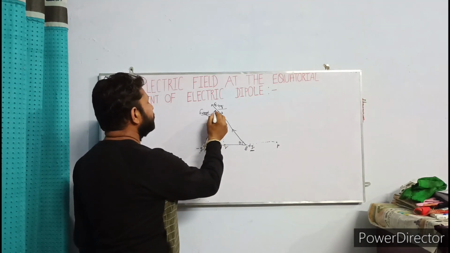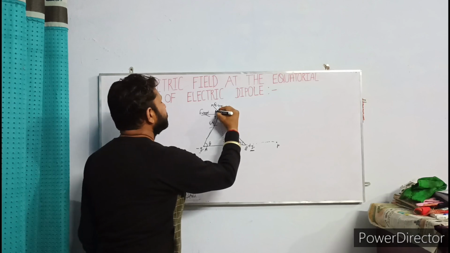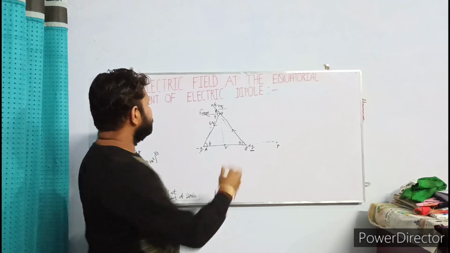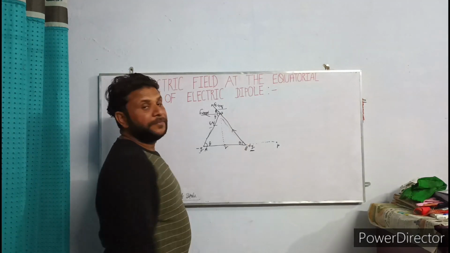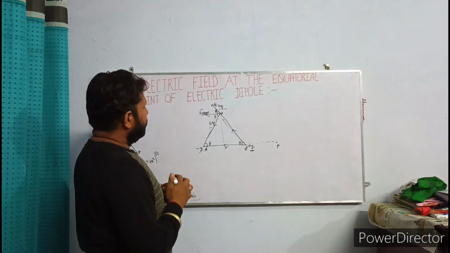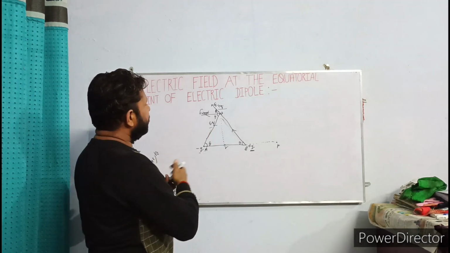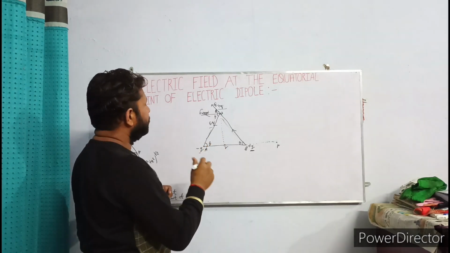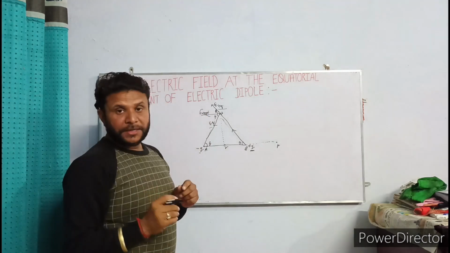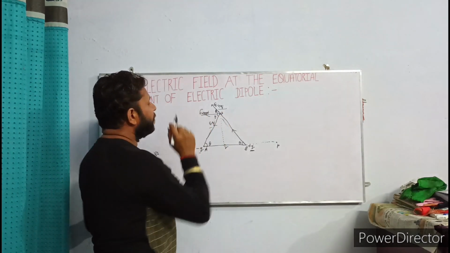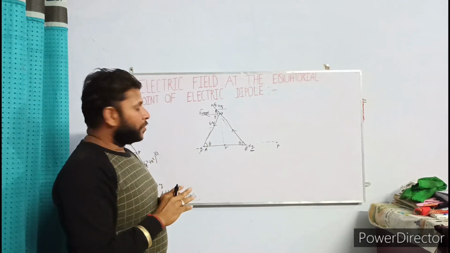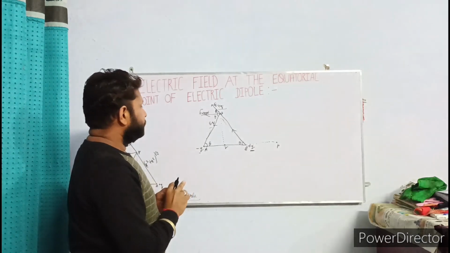And if this is theta, then this will also be theta, because it is the bisecting line of this total angle. Okay, students. I have cleared this concept, how to find the resultant electric field between E plus Q and E minus Q. Okay, students, this is the figure you can draw.